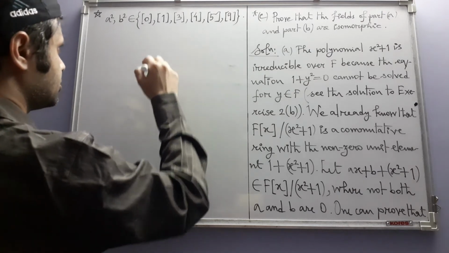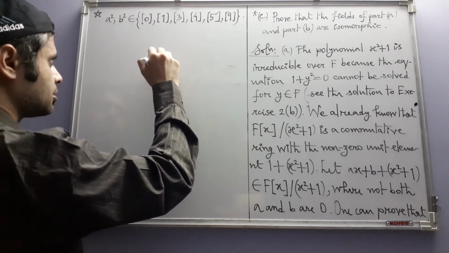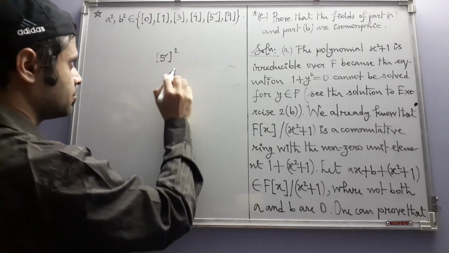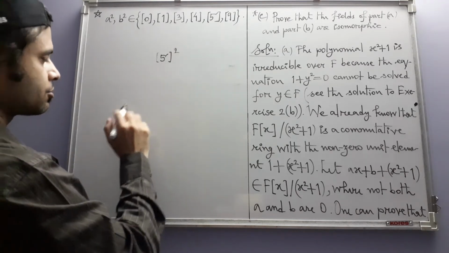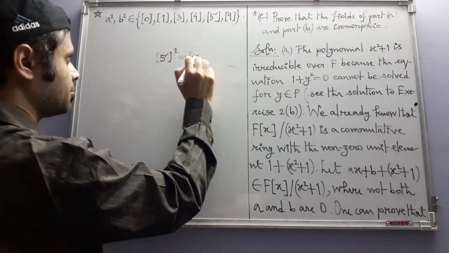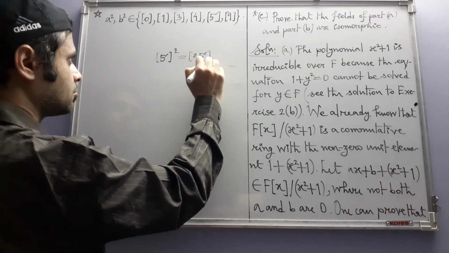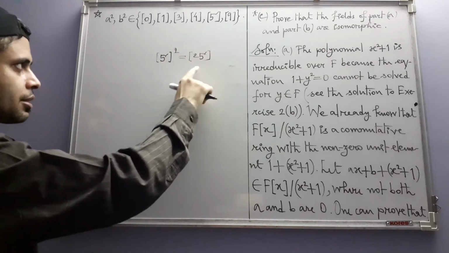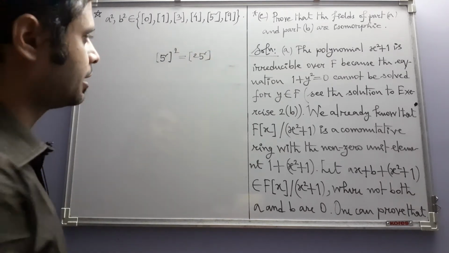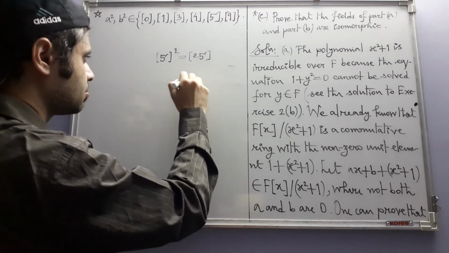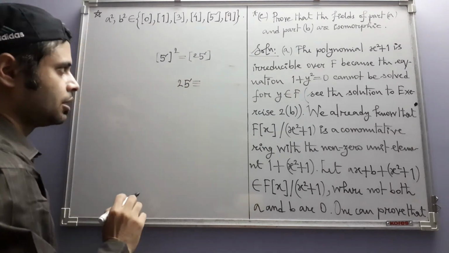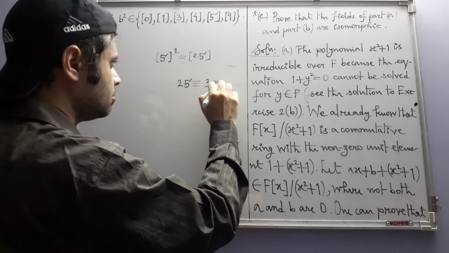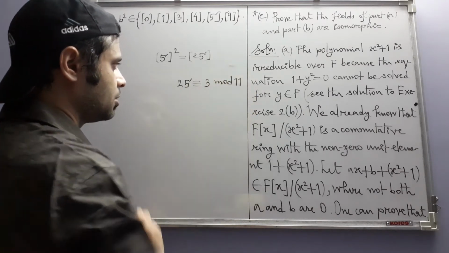What I mean by that is this: say you consider this congruence class modulo 11, you calculate this, say 5 squared, then this will become, by how we multiply congruence classes, the congruence class containing 25, but we know that 25 is congruent to 2 times 11 is 22, so 3 mod 11.